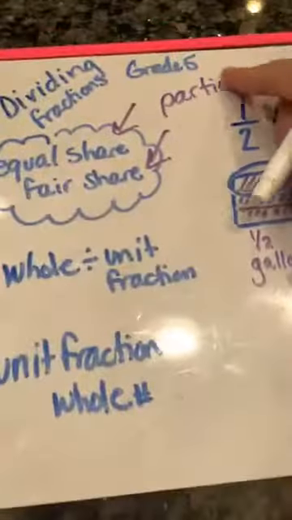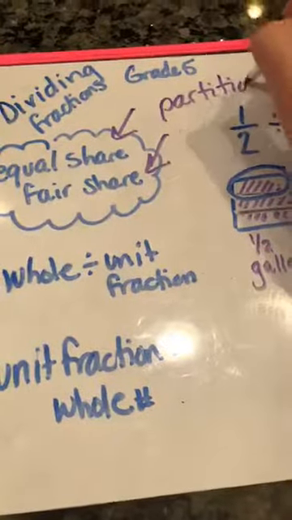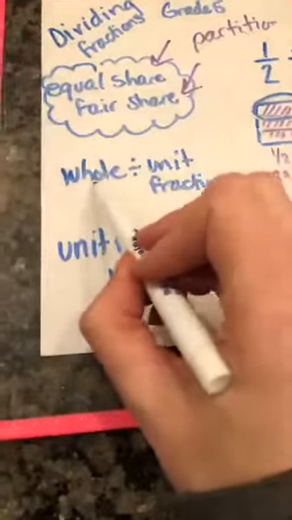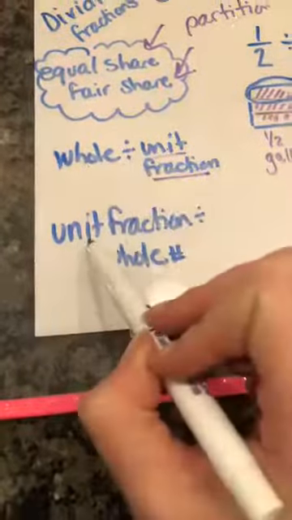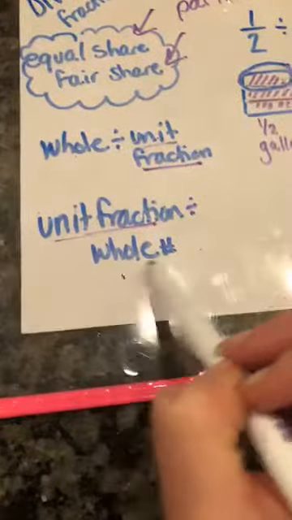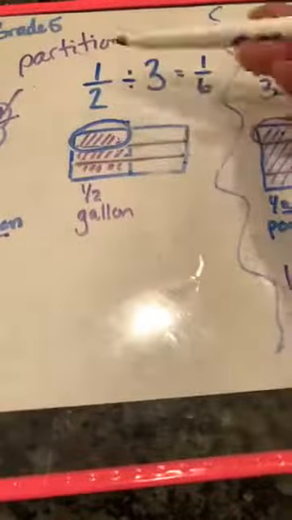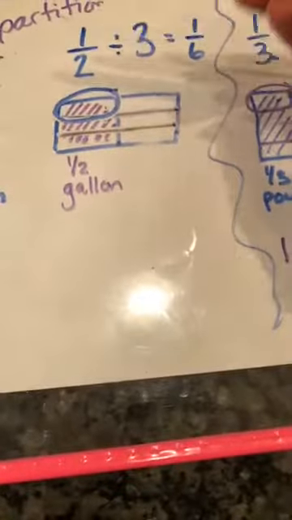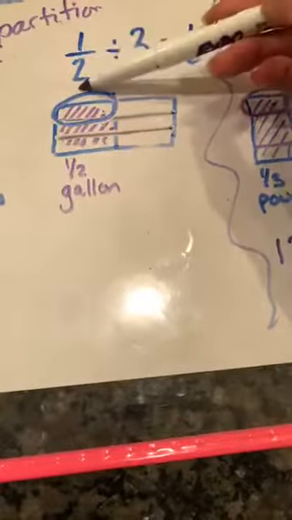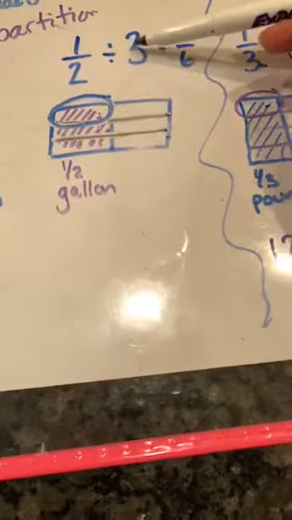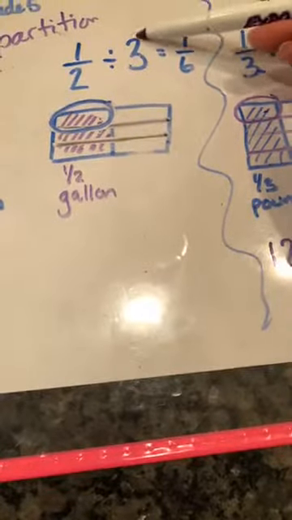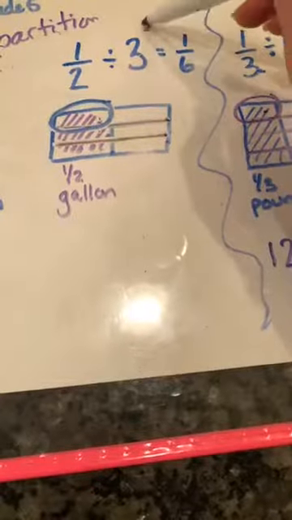We're taking a whole and we're dividing it among a unit fraction, and we also take a unit fraction and we divide it by a whole number. And remembering to always think about, when we're dividing, we are taking a certain amount and we're determining what happens when we equally share it among the amount of groups that we have to make.